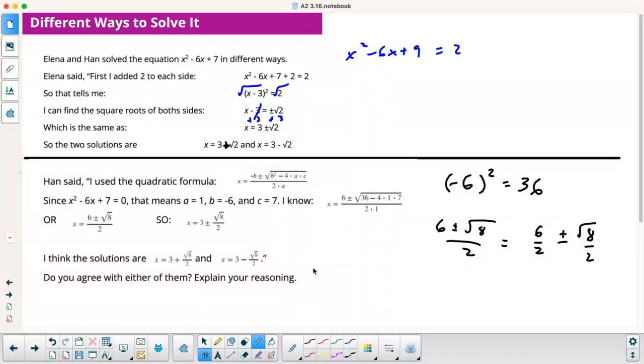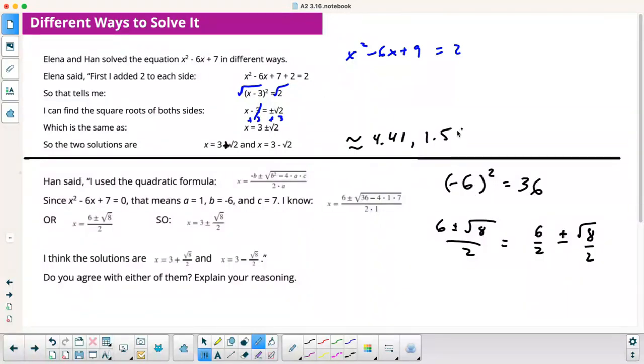Explain your reasoning. So one thing to do would be to check them with decimals. So I'm going to type in 3 plus square root of 2, and I'm going to see what they are here. So 3 plus the square root of 2 on my calculator is 4.41. 3 minus the square root of 2 is 1.59.